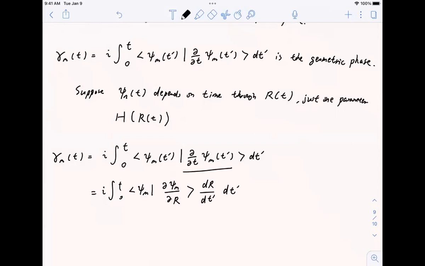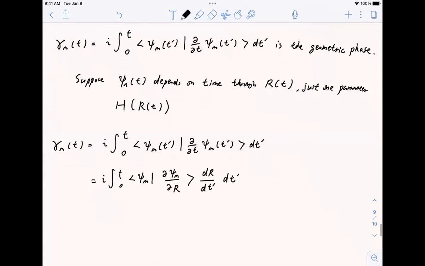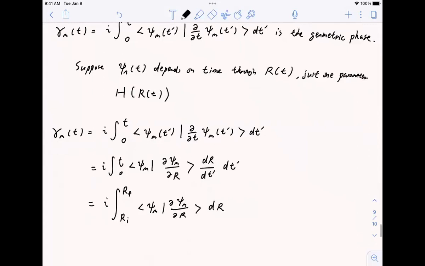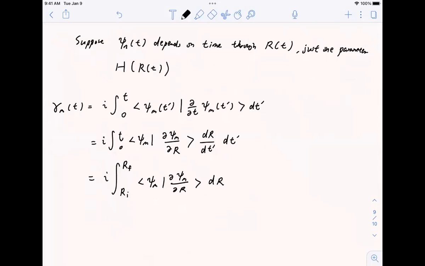You can change this into R, and since this integral is from 0 to time, you can change it to the initial and final R. You change the variable. It's just some calculus change of variable.